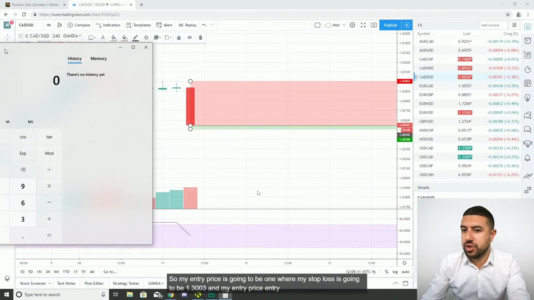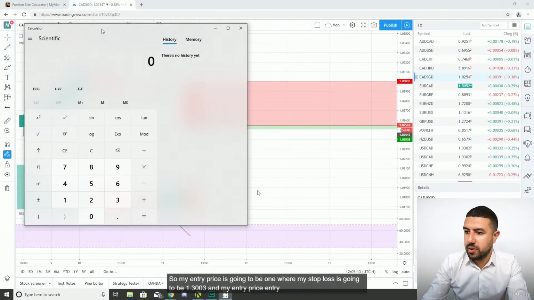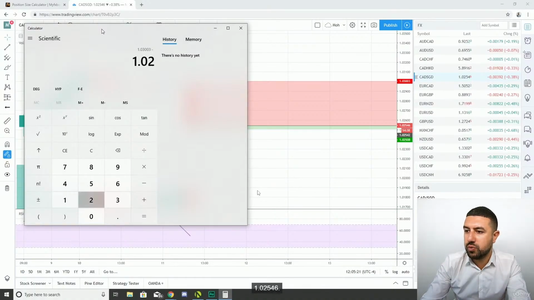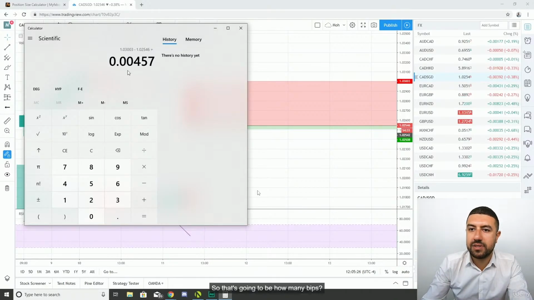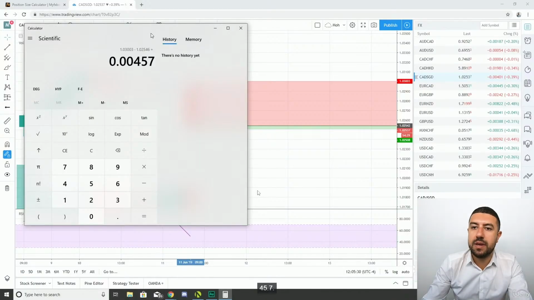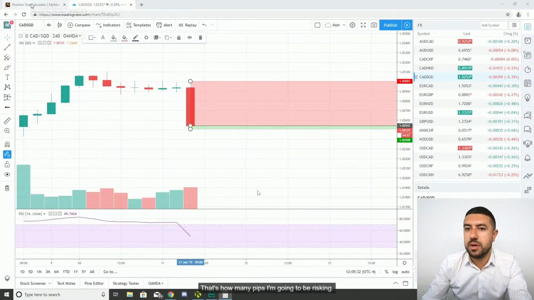So my stop loss is going to be 1.03003, and my entry price is going to be 1.02546. Okay, so that's going to be how many pips? 45.7. That's how many pips I'm going to be risking.